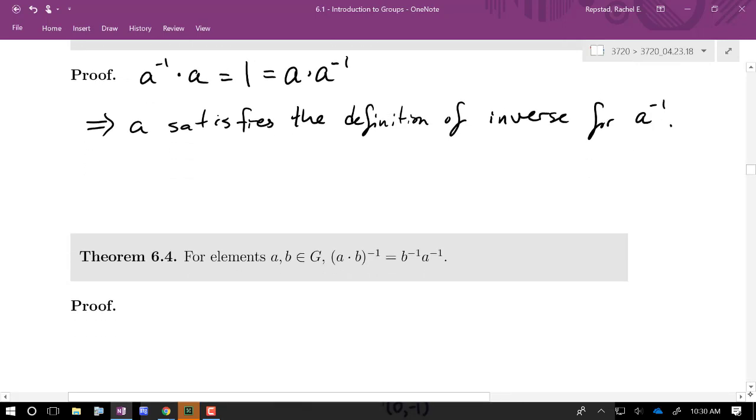Okay, so now we know that not only is an inverse element unique, but the inverse relationship is sort of reciprocal, right? If I find the inverse of A, then that means I've also found the inverse of A inverse.